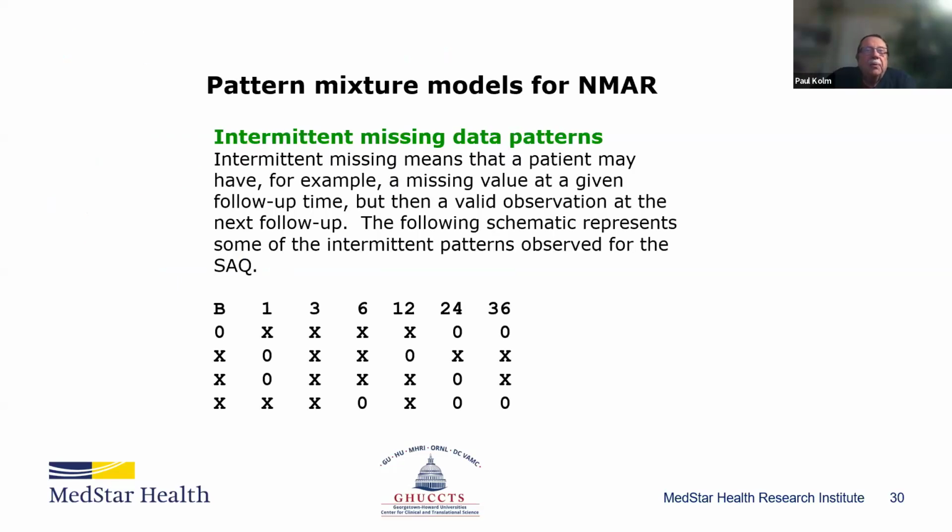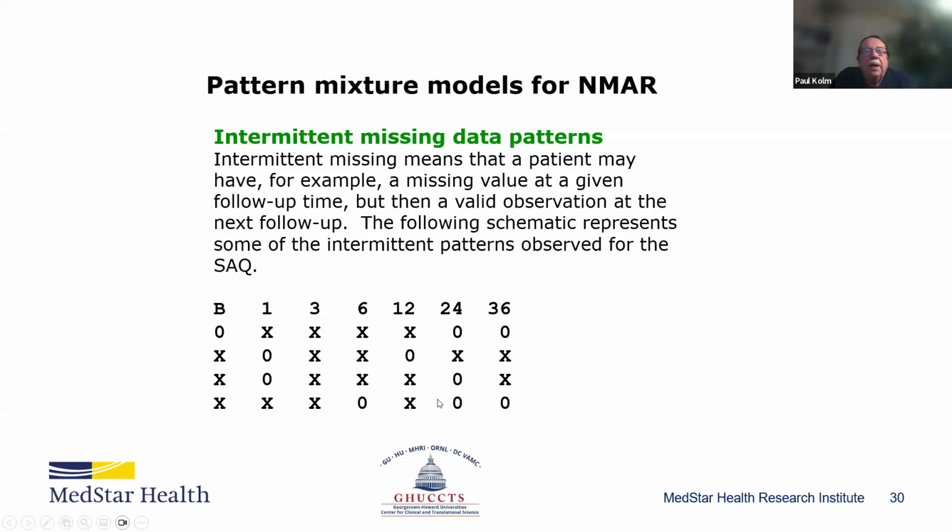But here's data that again has observations at baseline, 1 month, 3 months, up to 36 months. If we look at the data here, we can see that there's different patterns of missing data. For example, the first one here has a missing baseline, and the patient is missing data at 24 and 36 months. Here's a patient that is missing data at 1 month and at 12 months, and so on.